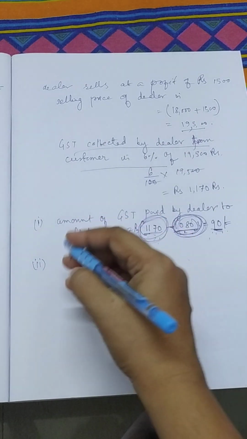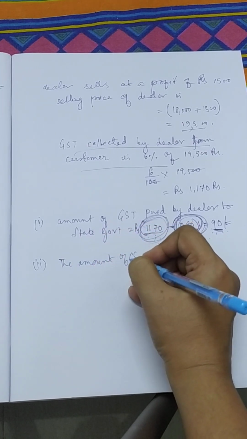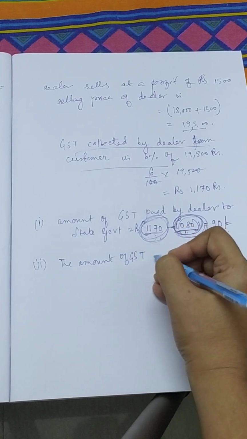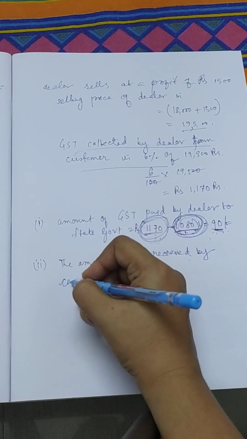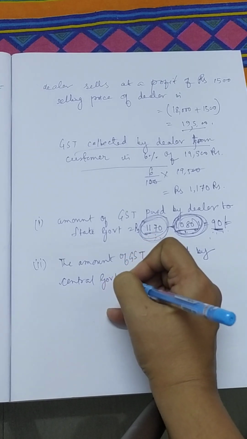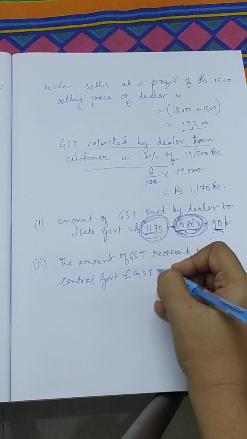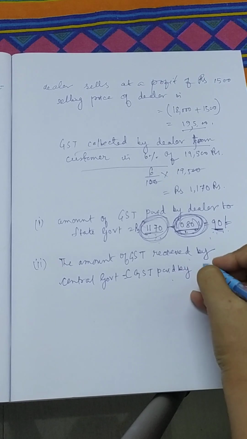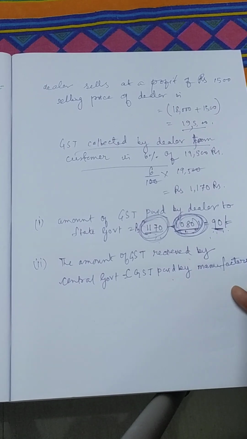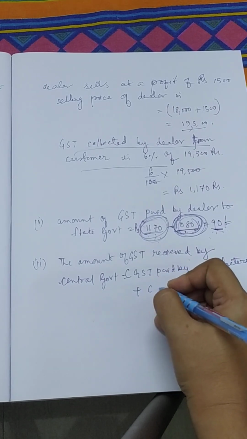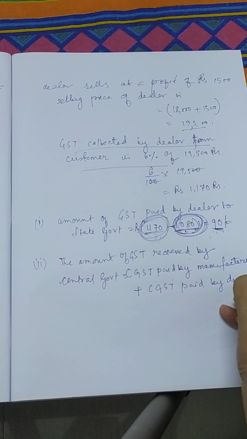Okay, so the amount of GST received by the central government is equal to CGST paid by the manufacturer plus CGST paid by the dealer.